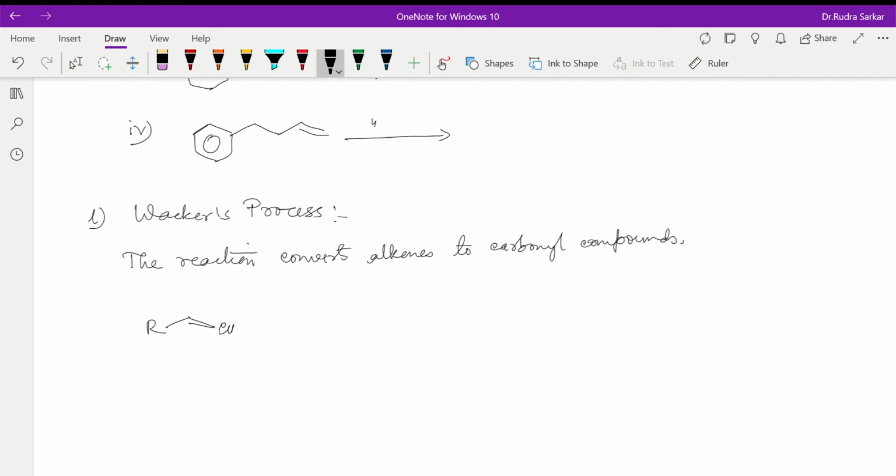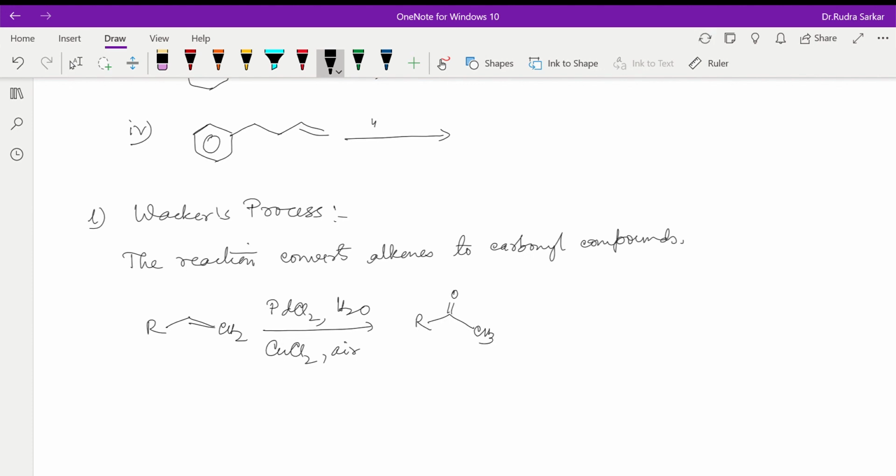Again, you have been given a terminal alkene which is used in presence of PdCl2, water, CuCl2 and air, and it produces this.